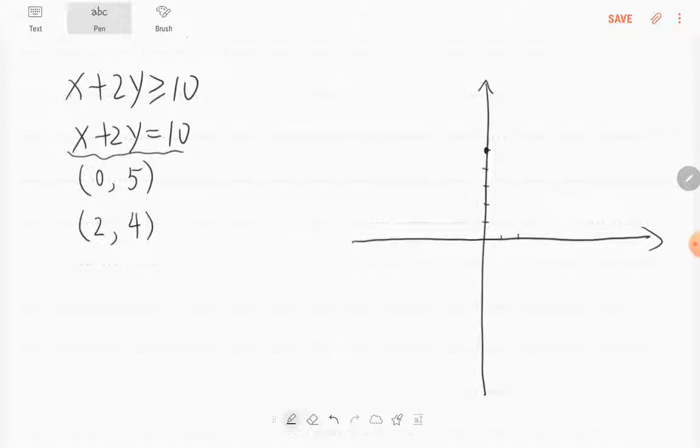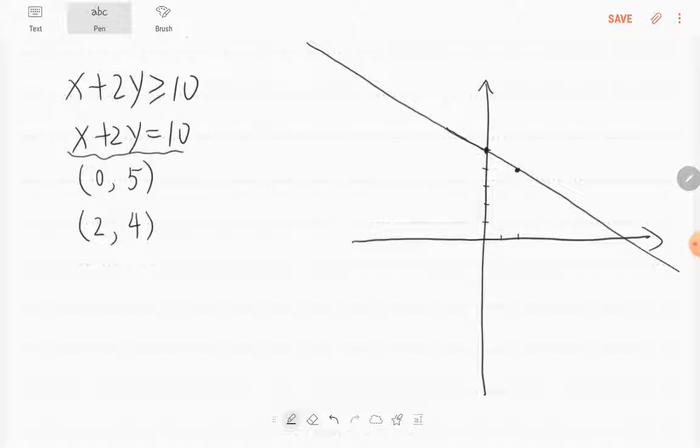So y equals 4 is here. Then we connect these two points. Okay. Then we pick an arbitrary point.